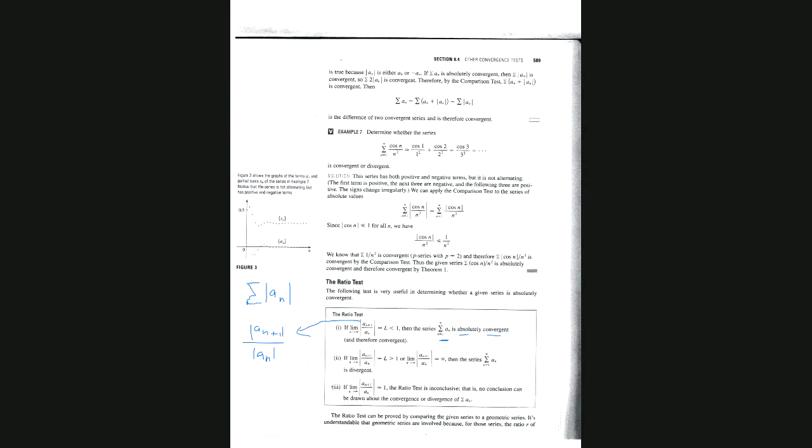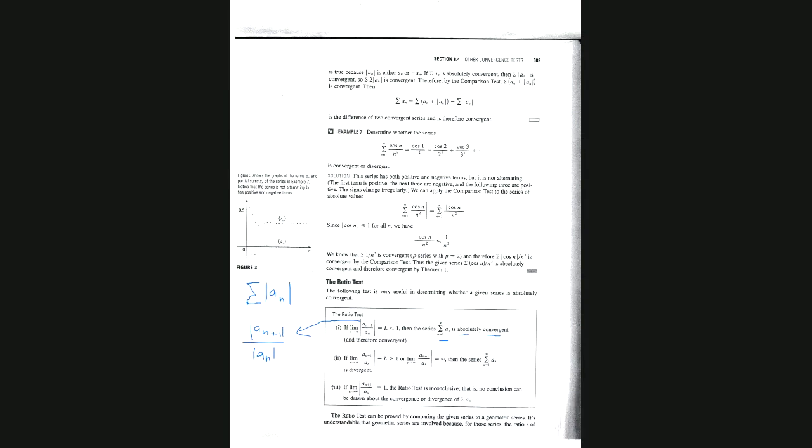And you just learned that. But in this ratio test, it's interesting because they're studying the ratio of the n plus first term over the nth term.